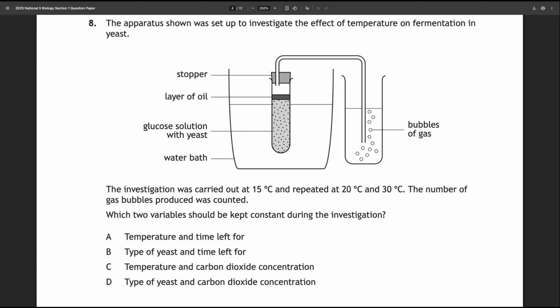And the time left for, that makes sense because if we're counting the number of gas bubbles produced, if we have different times, then that's not going to be fair to compare those two. It will not be valid. And the type of yeast and the carbon dioxide concentration, well, the carbon dioxide concentration is not going to have any impact on the rate of fermentation. So that one is irrelevant as well. So the answer is going to be B for this one. Okay, the type of yeast and the time left for.